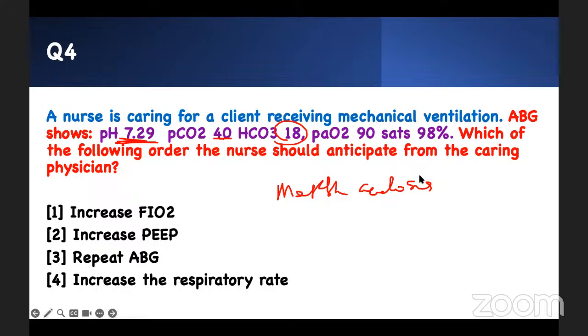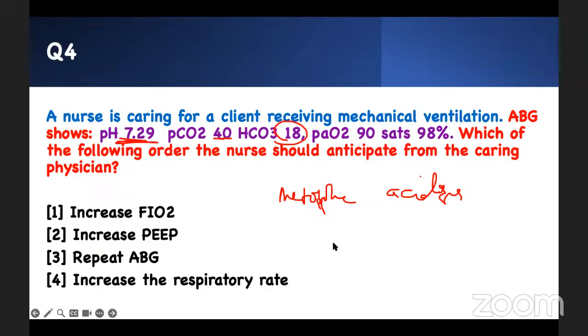Think. And the best way to know what to do is to know how to take care of the patient. You have a metabolic acidosis. The best way to learn how to do that is to flip the numbers.